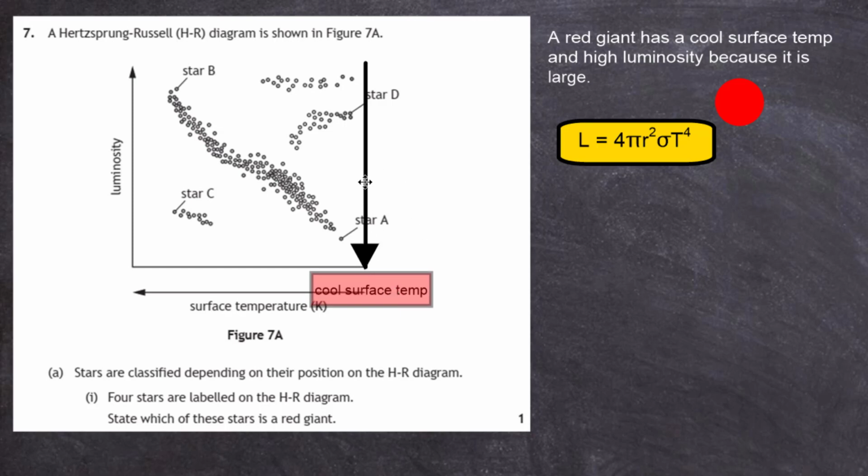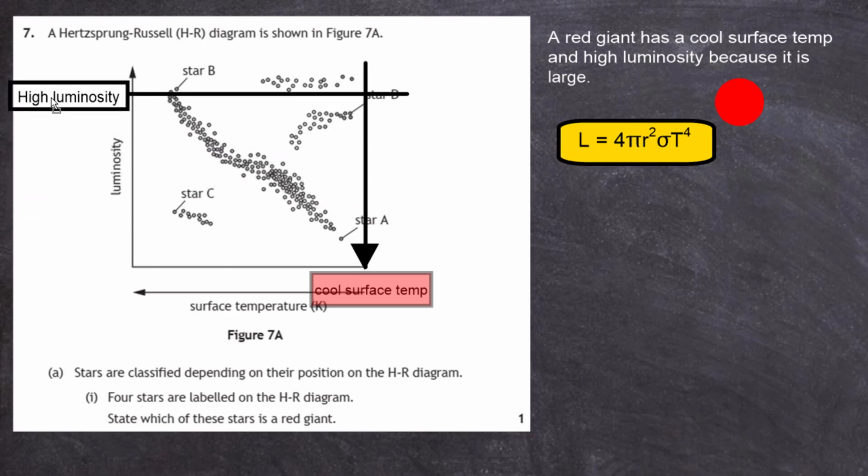So if you're on that line there, you're a star with a low surface temperature, so you'll be kind of reddish in colour. So that gives us a choice between star D and star A. But we're told that the red giant is very luminous. So when we look at the luminosity part of the graph, you can see the higher we go, the more luminosity we have.